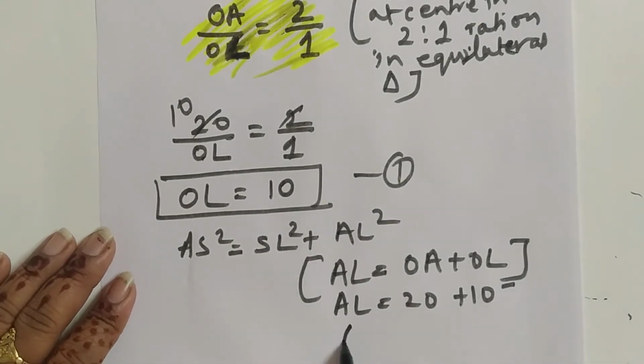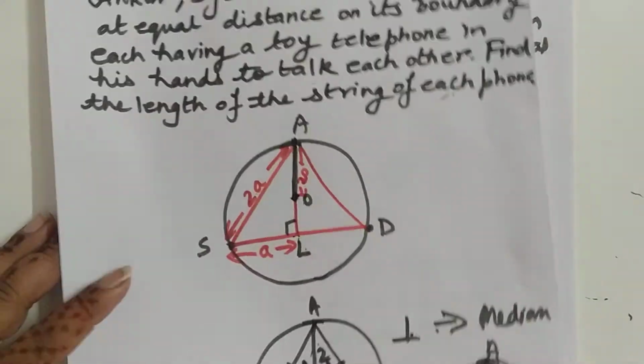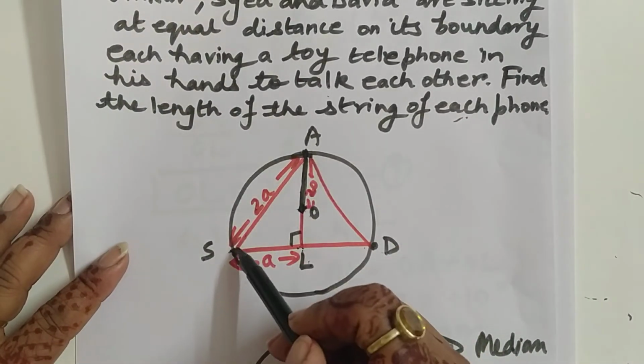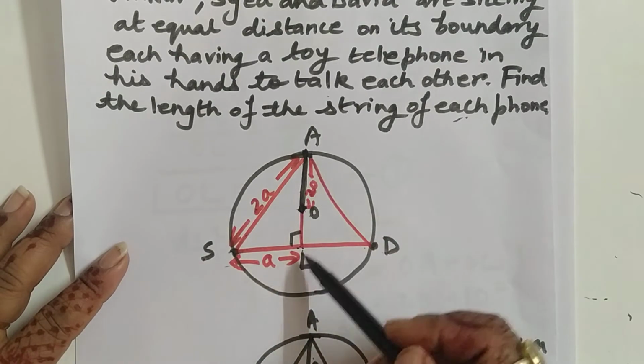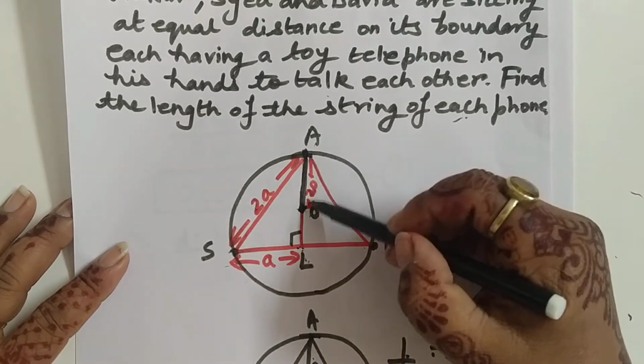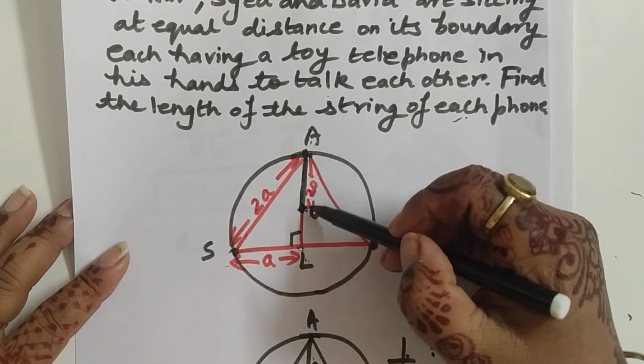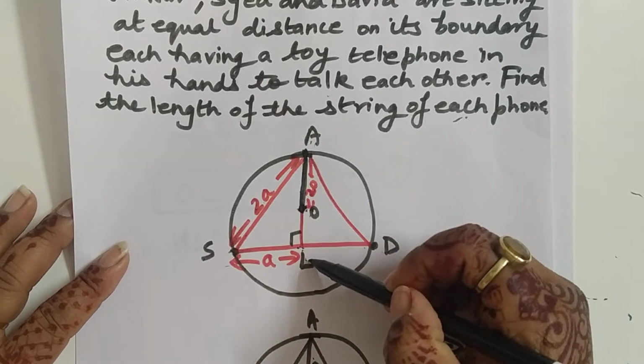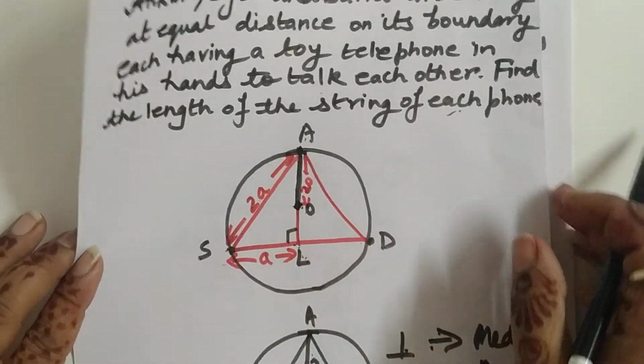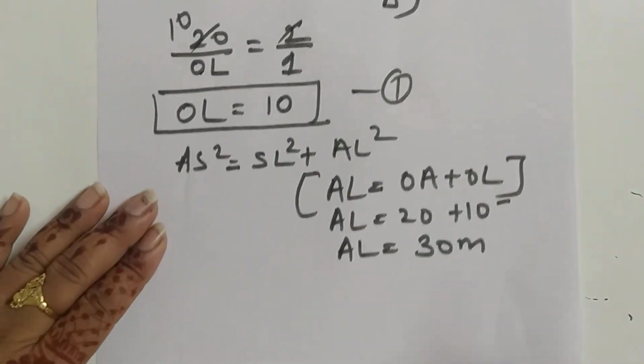So the value of AL is equal to 30 meter. Now you can see here in the bigger triangle AS square plus SL square and AL square, और AL का value हम देखेंगे, that is OA is equal to 20, that is the radii of the circle, and OL that we need to find out, that we have find out here. Yes, so we have got this.